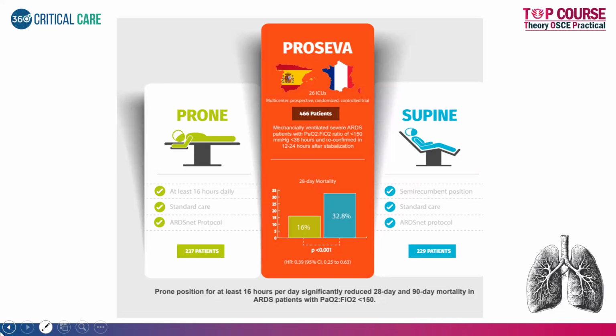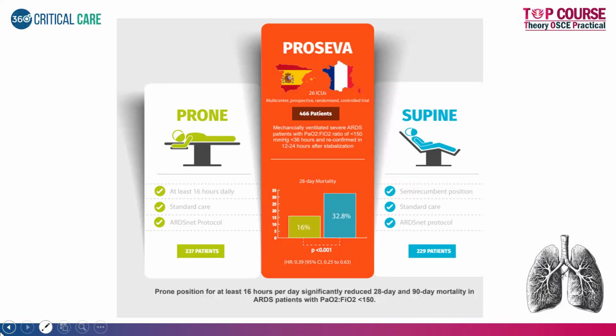The other question was whether reducing the duration of proning to less than 16 hours would be beneficial, because there were a lot of issues seen with prolonged proning, especially hampering nursing care as well as some pressure related issues.